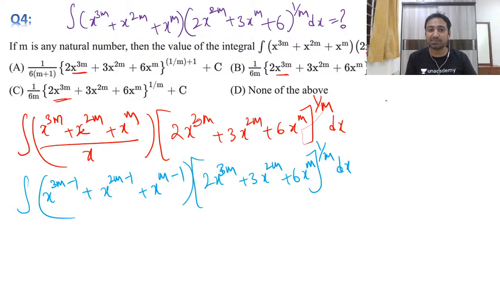Now can I take a substitution: 2 into x power 3m plus 3 into x power 2m plus 6 into x power m is equal to t?